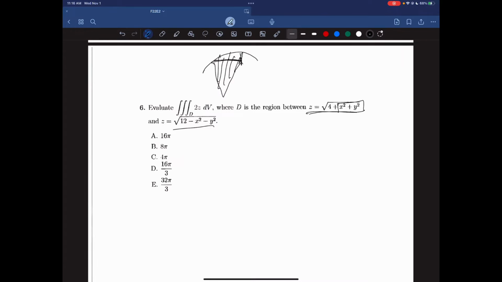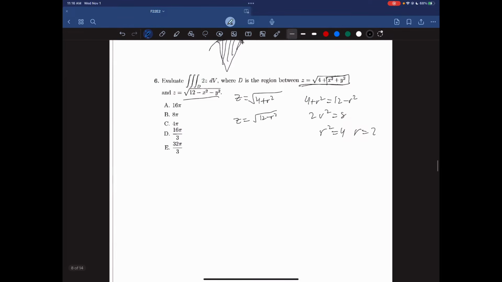So we have z equals square root of 4 plus r squared, and z equals square root of 12 minus r squared. Setting these equal to each other, 4 plus r squared equals 12 minus r squared. 2r squared equals 8. r squared equals 4. Therefore, r equals 2. So our r is going to be from 0 to 2.